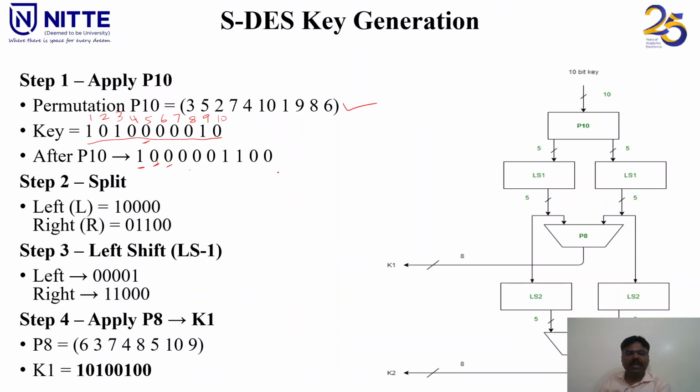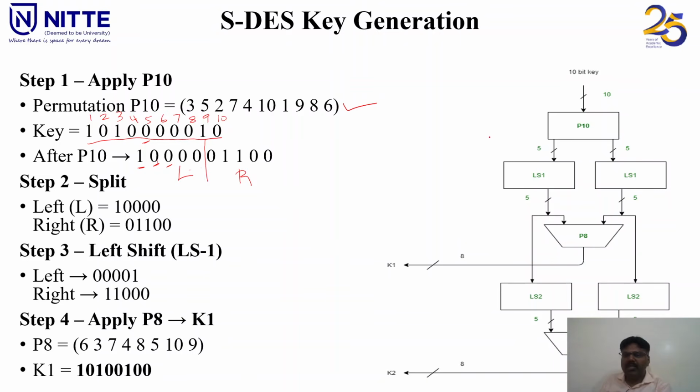So once we completed the very first step, permuting 10 bits, I'll be dividing that entire 10 bit into two equal halves. So 1 0 0 0, I'll be splitting, and I'm going to be calling this the left side bits, and this I'm going to be calling the right side bits.